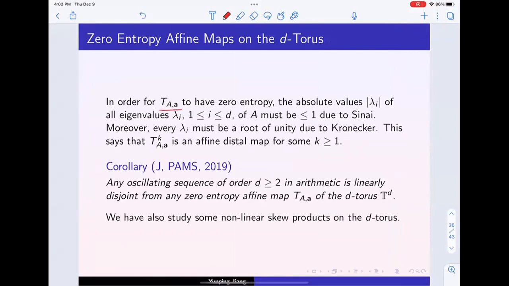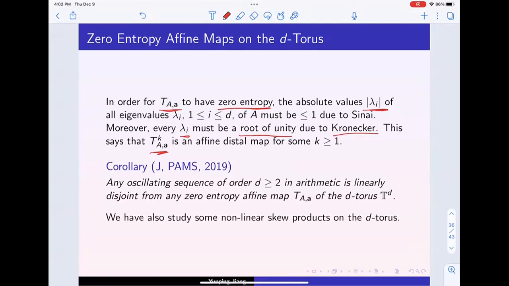In case this T_A has 0 entropy, then all the eigenvalues of this matrix must have absolute value 1. That's actually due to Sarnak a long time ago. Then, from Kronecker, it is not only absolute value 1, it must be a so-called root of unity. That means after some k iterates, all the eigenvalues become 1.